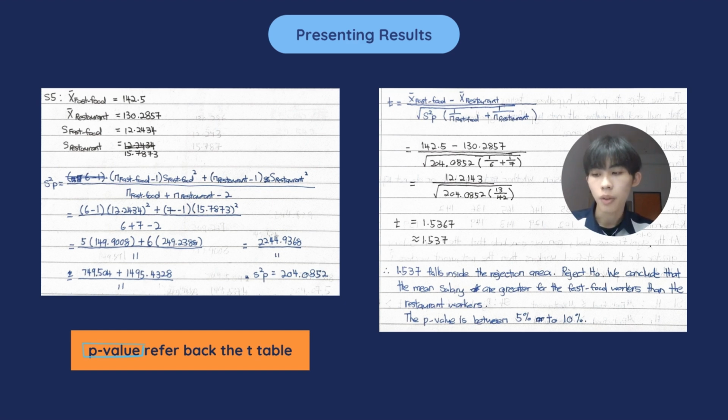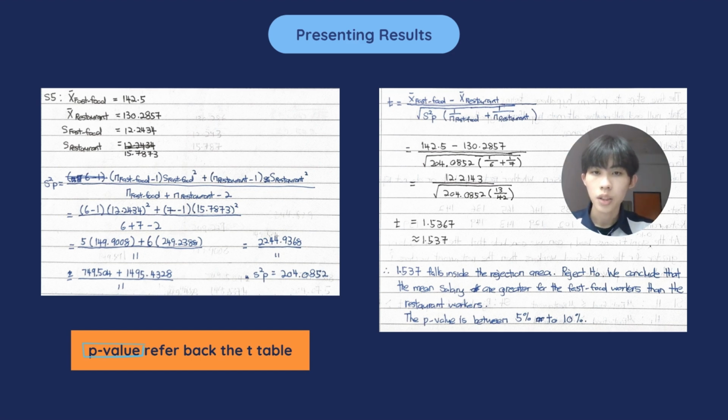And we will get 749.504 plus 1495.4328, divided by 11. And lastly, we will get 2244.9368 divided by 11. So lastly, we will get S squared p equals 204.0852.